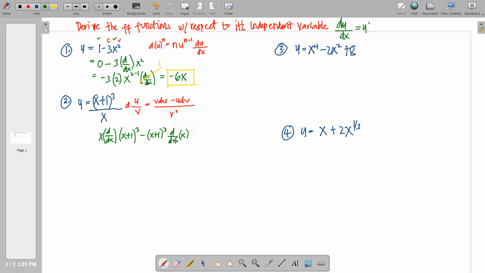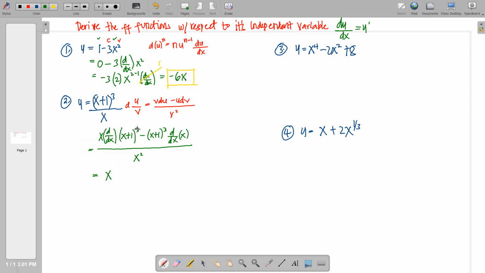So this is x all over v squared, which is x squared. So basically, we'll just copy and perform derivatives here.